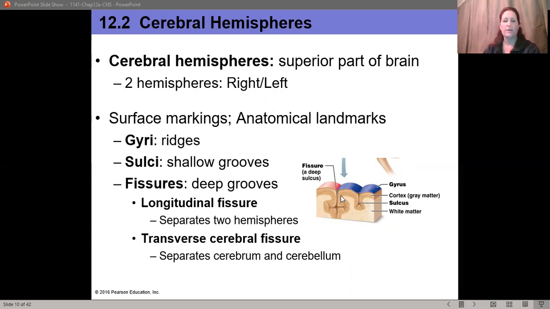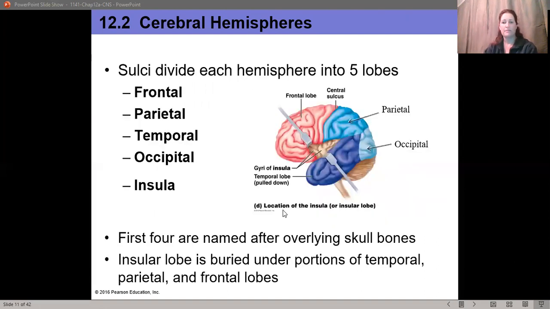Okay. So there are 2 hemispheres, a right and a left. And you need to know 2 fissures and 2 sulcuses. So the fissures that you need to know are the longitudinal fissure. It runs down here, it separates it into a right and a left hemisphere. And then the transverse fissure is in the very back, and it separates the cerebrum and the cerebellum.